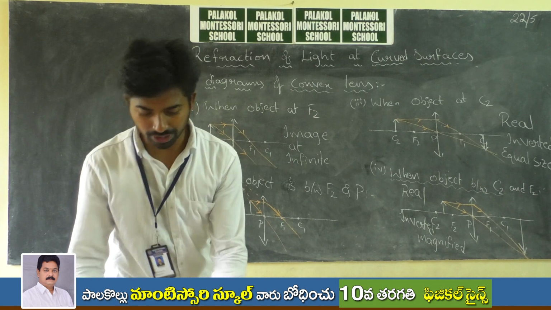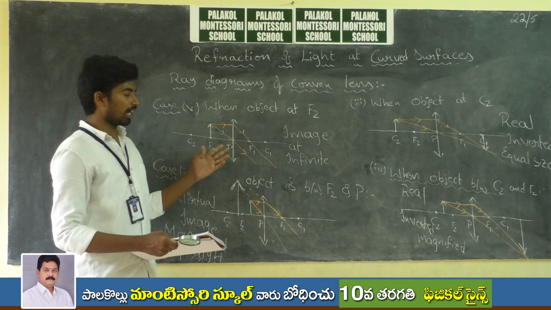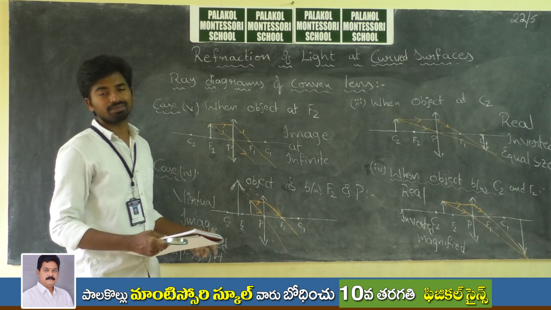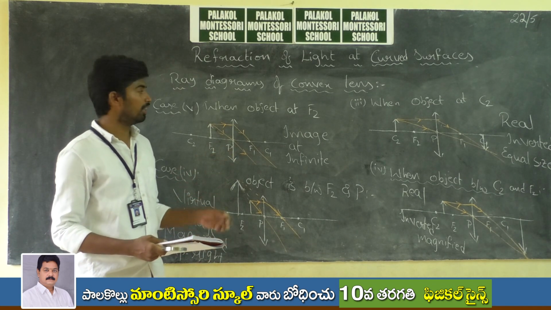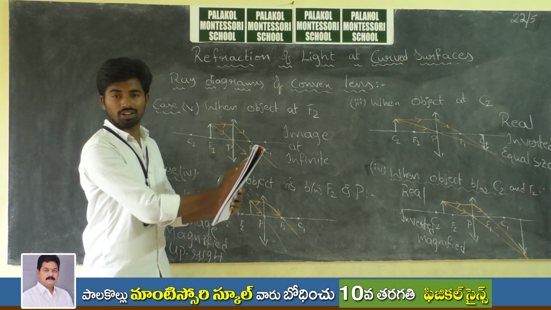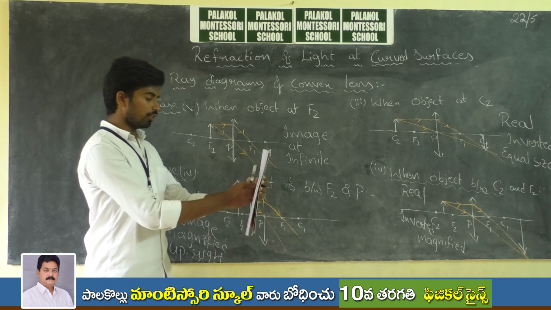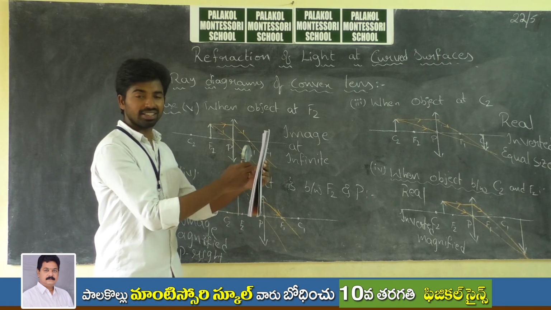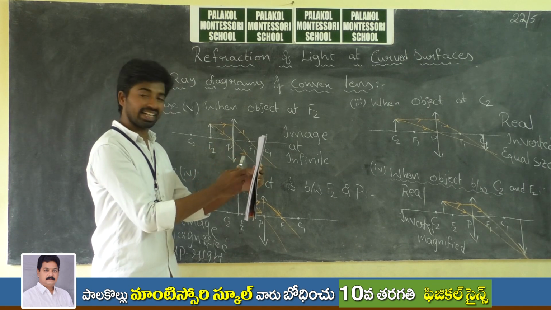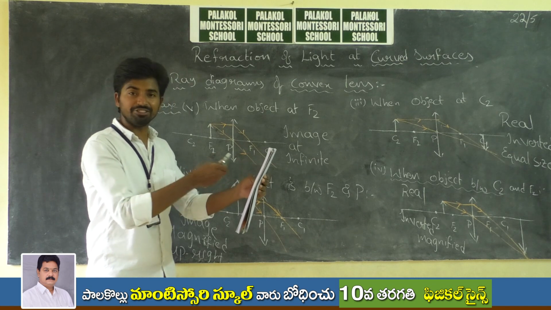So let us understand clearly the formation of images by a convex lens. We have seen different cases for the formation of images. There are some letters on this book, and those letters will act as an object. If I place the object between the focus point and pole, you will observe magnification.